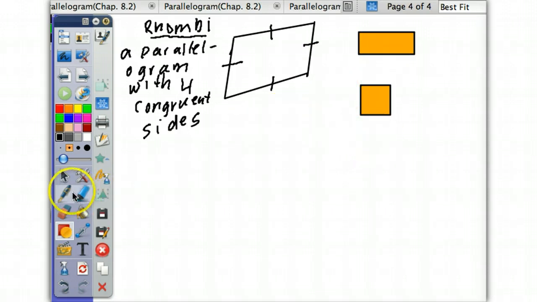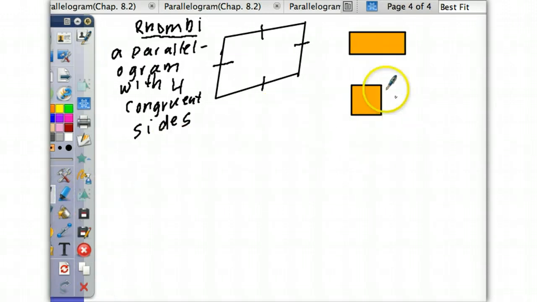But if we have a square here, obviously the four sides are the same, but it's different from the rhombus in that the four angles will be 90 degrees. So this is a square right here, and this is the rhombus, which is a little bit different.